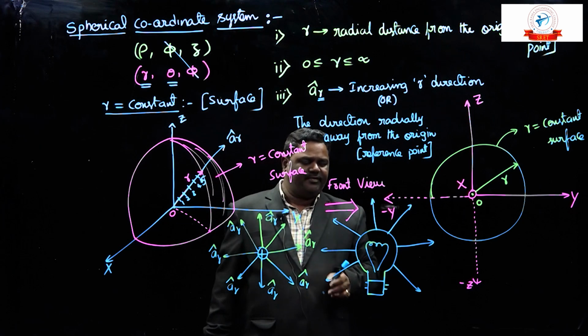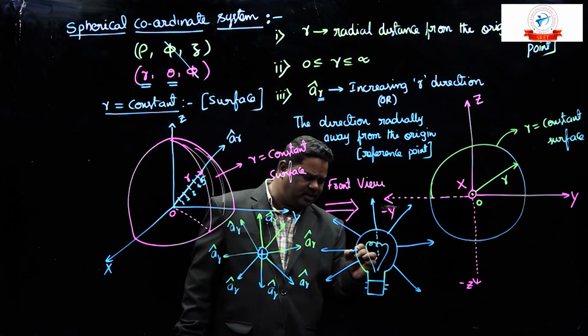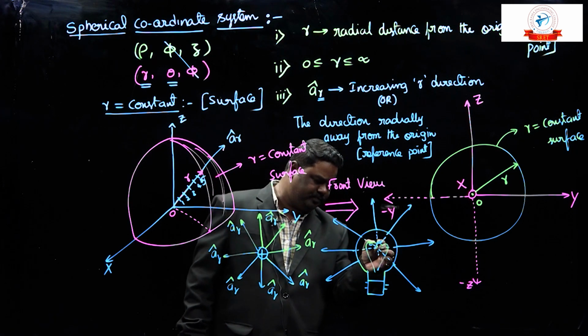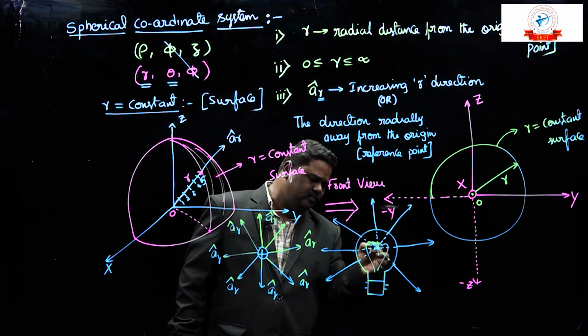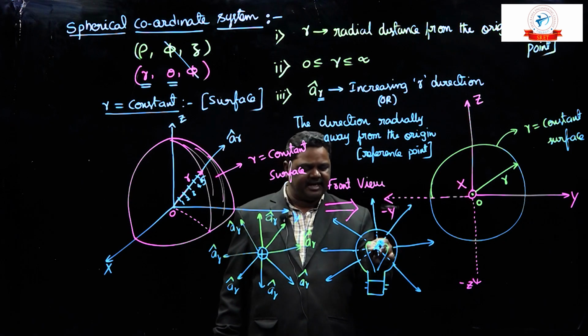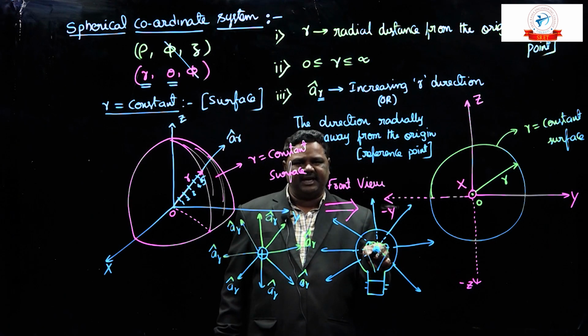So the light looks like it is moving away from the center of the bulb. What is the center of the bulb? The center of the bulb is a point. It is a reference point.